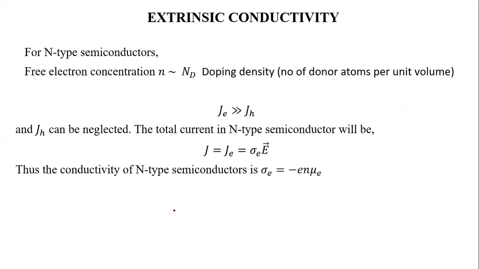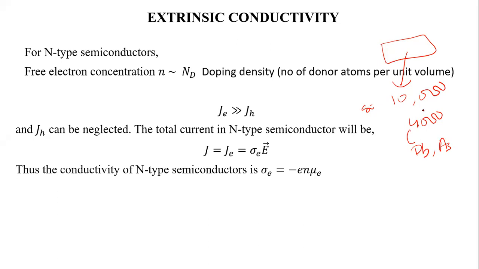For extrinsic semiconductors like n-type, let's say in one particular silicon sample we have 10,000 silicon atoms, and suppose you insert 4,000 lead atoms or arsenic or any other pentavalent atoms.